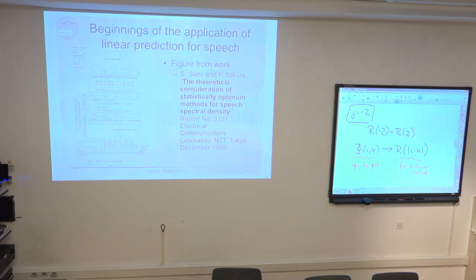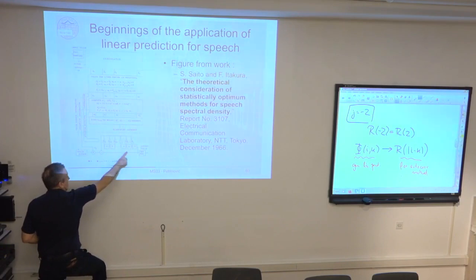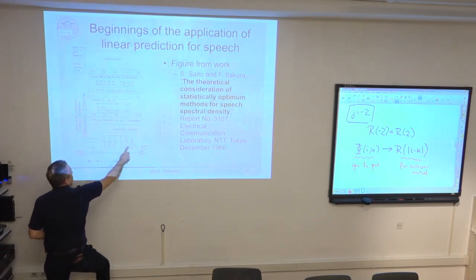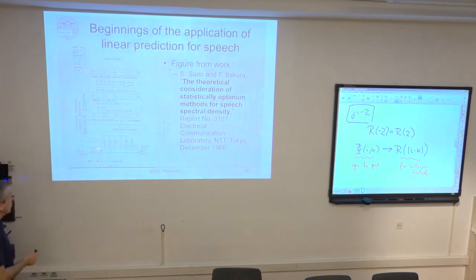You can see the original coefficients, alpha 1, and these delay elements, Z to the minus 1 times alpha 1, Z to the minus 2 times alpha 2, and they construct the prediction, which is added or subtracted. The input source is not the quantized prediction residual, but some kind of synthetic excitation, which is either white noise or, the other way, a periodic pulse train: 1, 0, 0, 1, 0, 0, 0, 1, 0, 0.